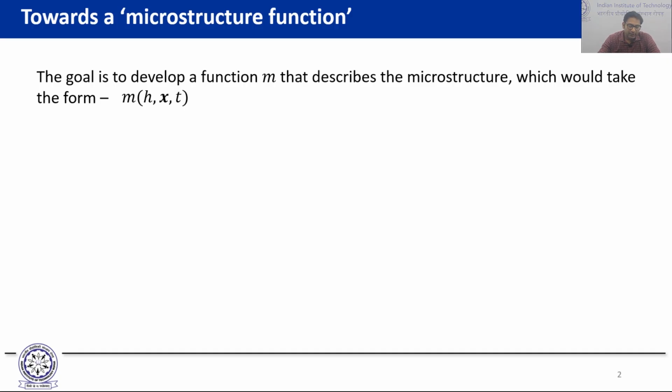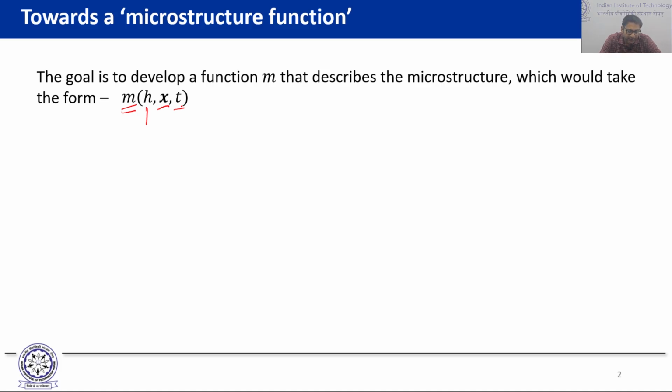As we move towards a microstructure function, our basic goal is to develop a function which takes the form of m, h, x and t. So essentially what this is saying is this microstructure function is going to be a function of your local states, h. It is going to be a function of x, which is the position, and then we are also saying that it is going to be a function of t, which is the time.